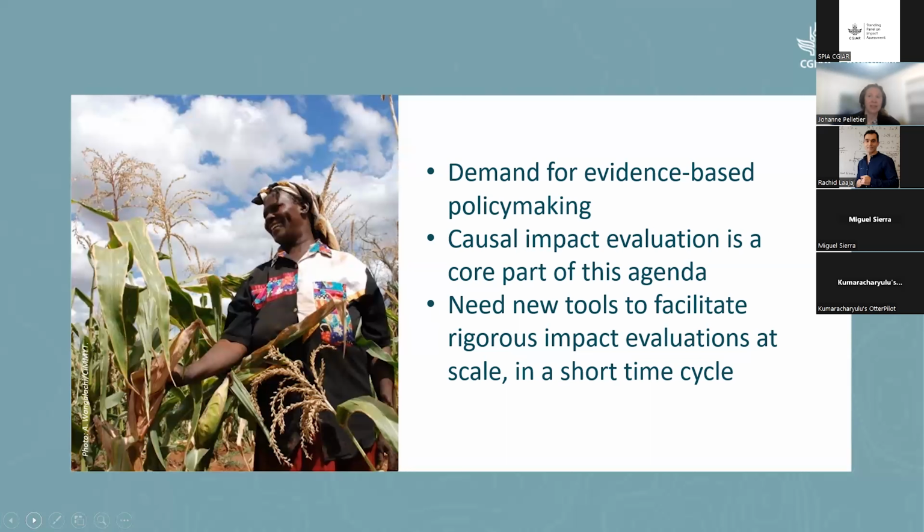So there's really a view at looking at what data and tools can facilitate rigorous impact evaluation at scale, and often in a very short policy timeline, to adapt policymaking to what we found and make better policies and implement better interventions that can have an impact for people.